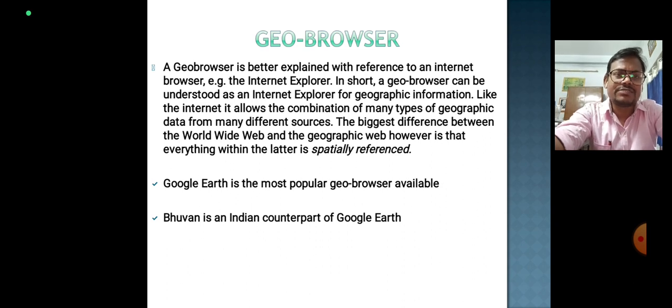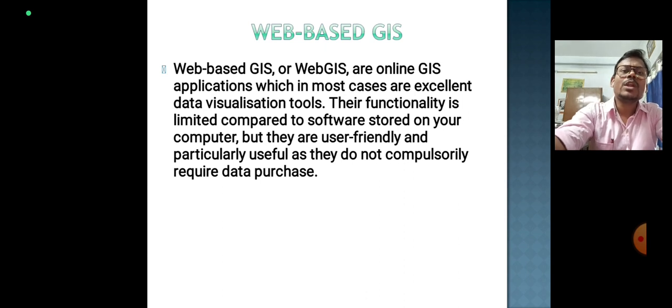The biggest difference between the World Wide Web and the geographical web, however, is that everything within the latter is spatially referenced. Google Earth is the most popular geo browser available. Bhuvan is the Indian counterpart of Google Earth.